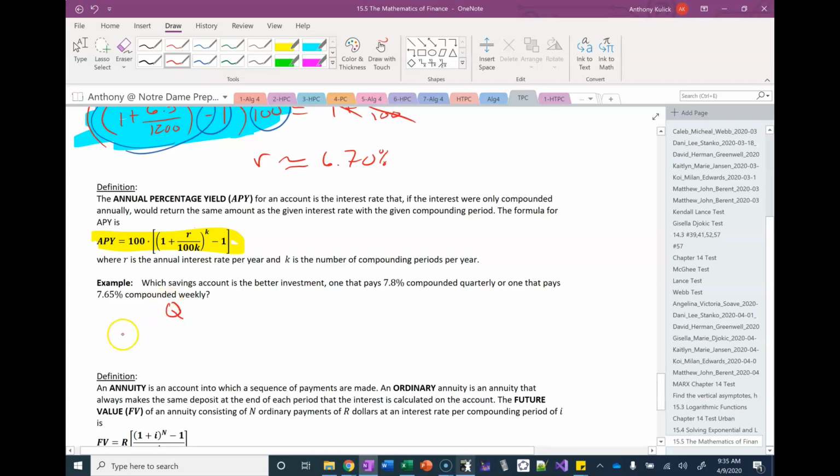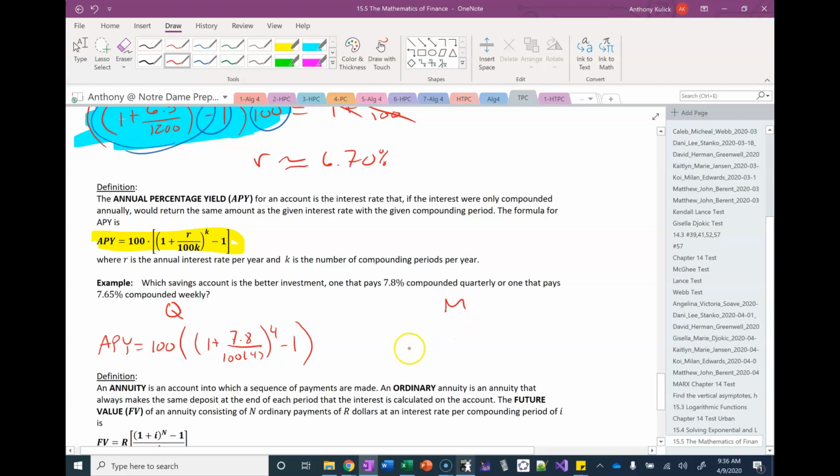So the quarterly one, the APY is 100 times 1 plus 7.8 over 100 times 4, to the 4th, minus 1.